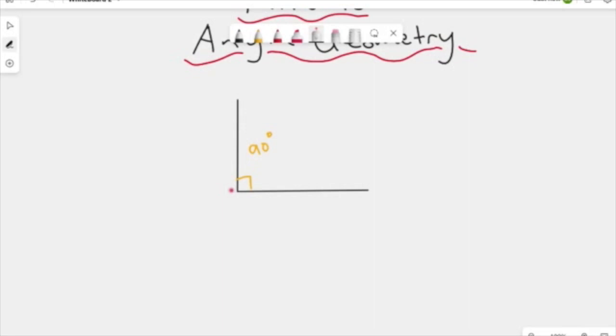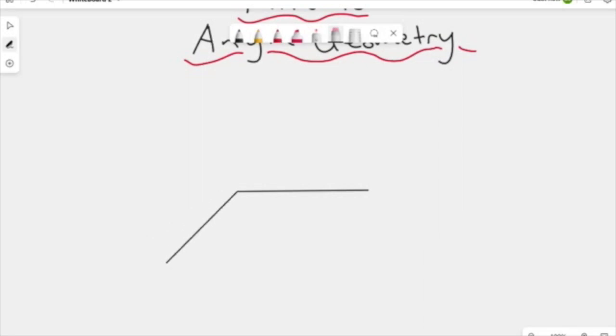So what if, for example, we were to go the other way? So I'm going to take my line and move it this way. Now, I'm returning back to 180.